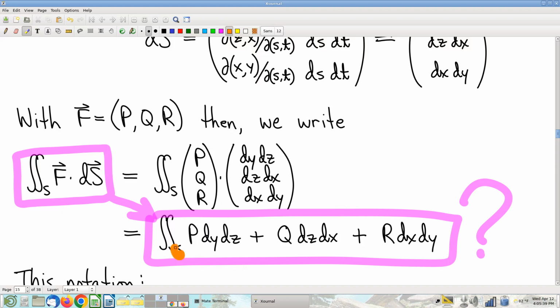If we're actually on a surface, a curved surface, angled in some weird way up in space, what is dx dy? This is very counterintuitive. It makes it look like I'm in the xy plane, but I'm not. I'm on a surface. So this is weird and hard to relate to.